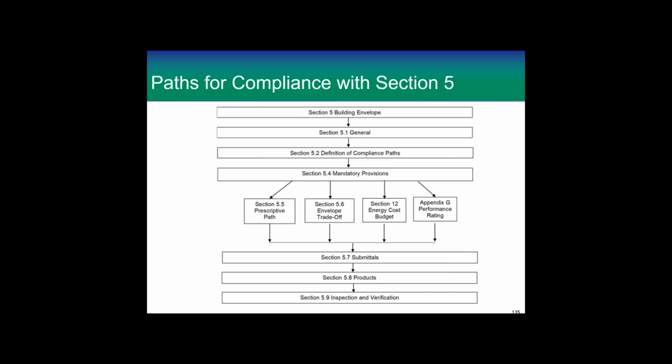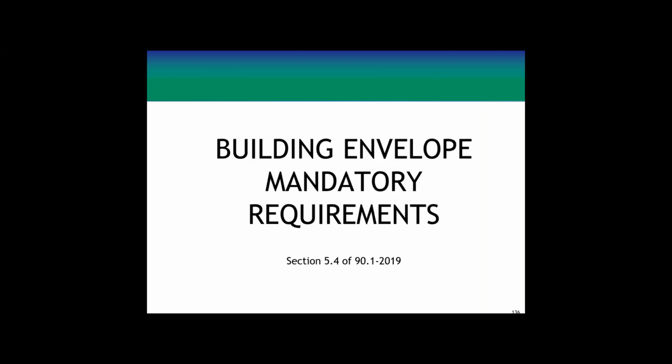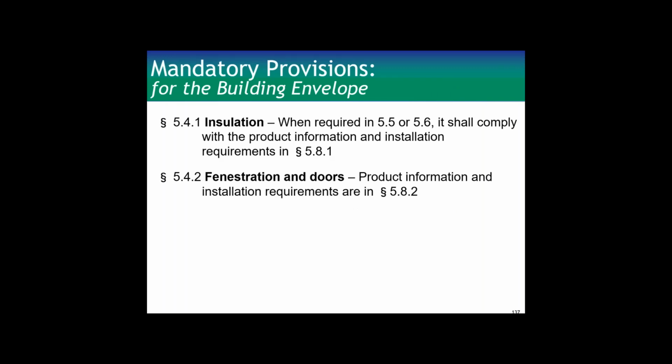But generally you have to go straight through. So the mandatory requirements are insulation when required in 5.5 or 5.6 shall comply with information in 5.8. So you'll see 5.8 are the tables again.